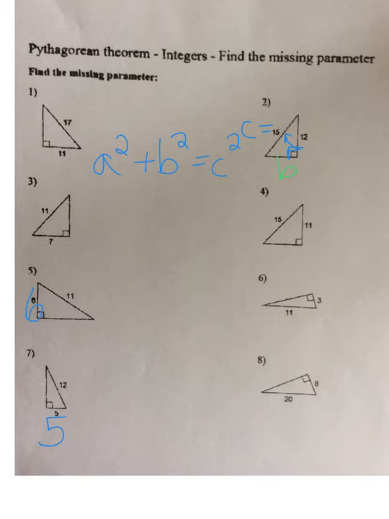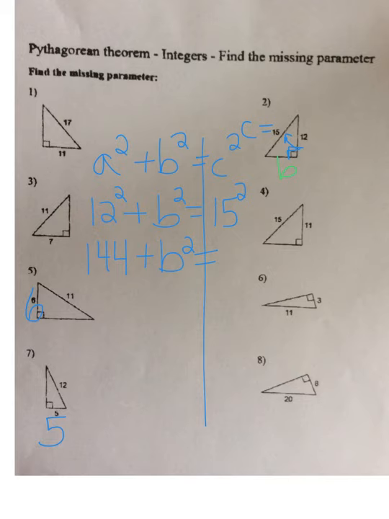So let's go ahead and plug our numbers in here. So a is 12. We don't know b, that's what we're finding, and c is 15. And so we wrote a squared plus b squared equals c squared. And remember, when you square, you times it by itself. So 12 squared is 12 times 12, which is 144, plus b squared, that's what we're solving for.